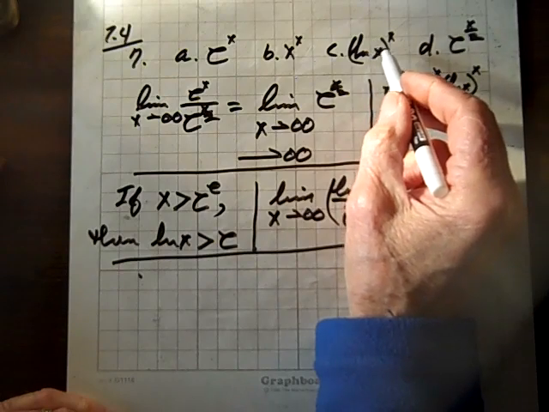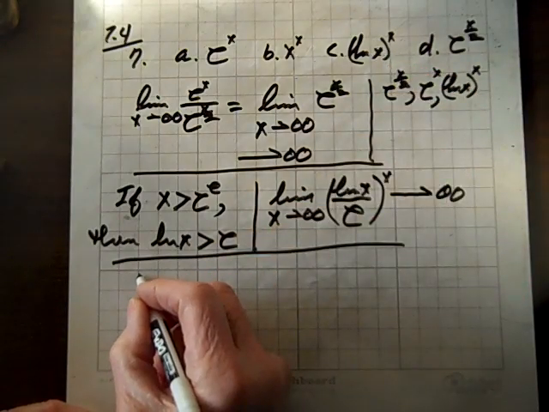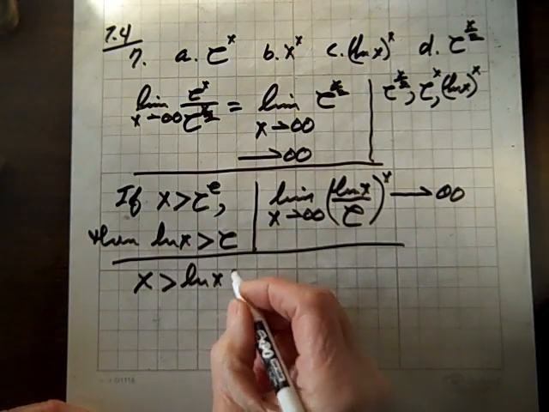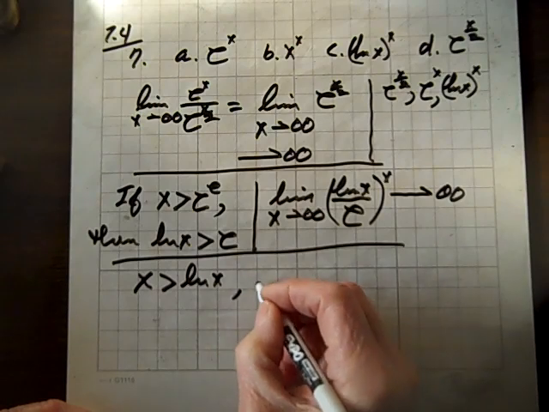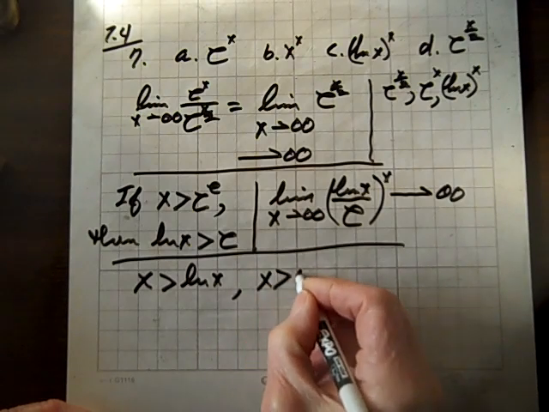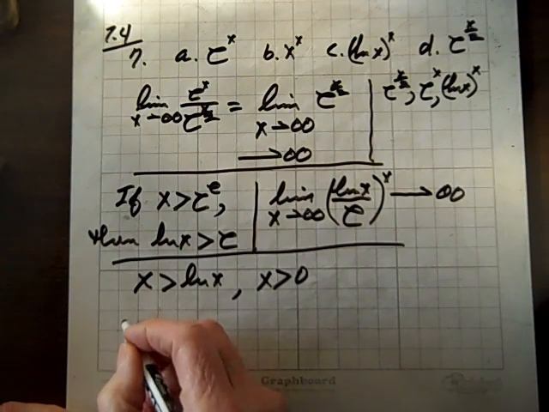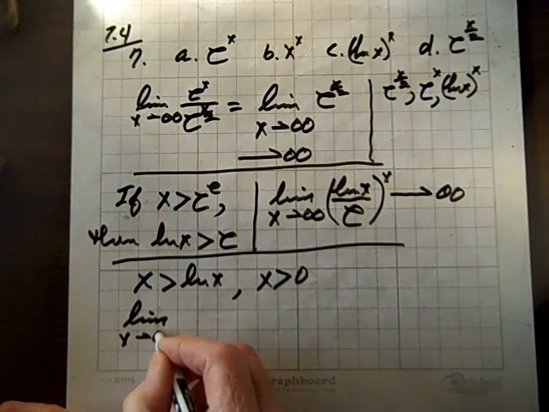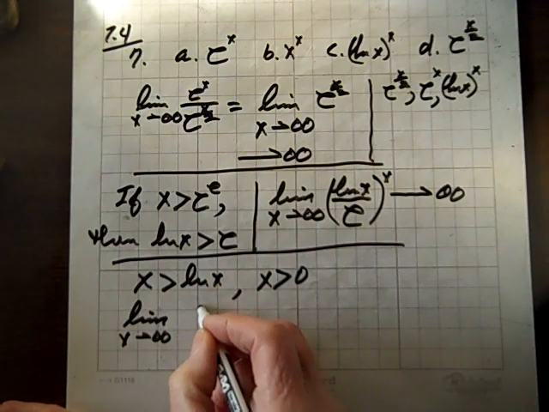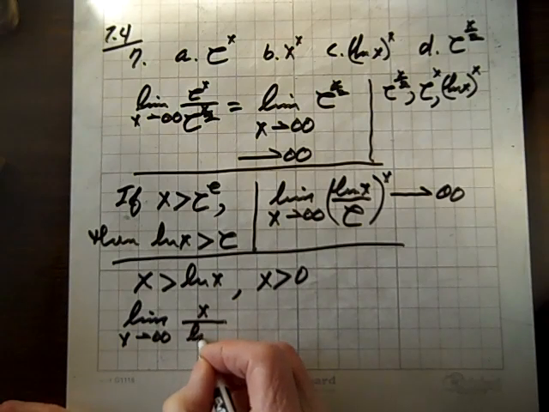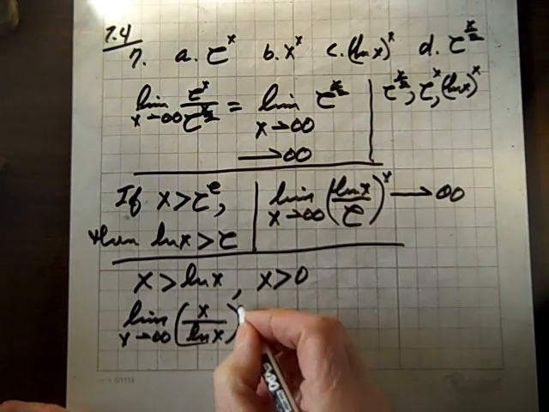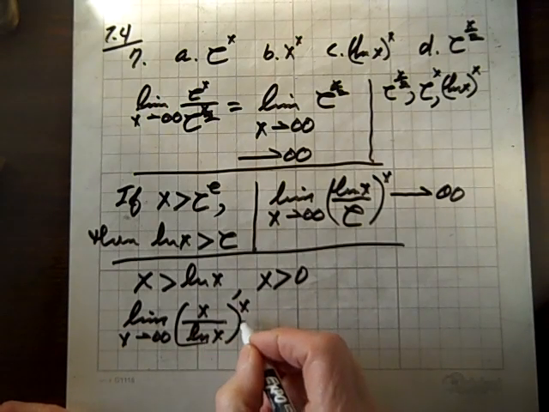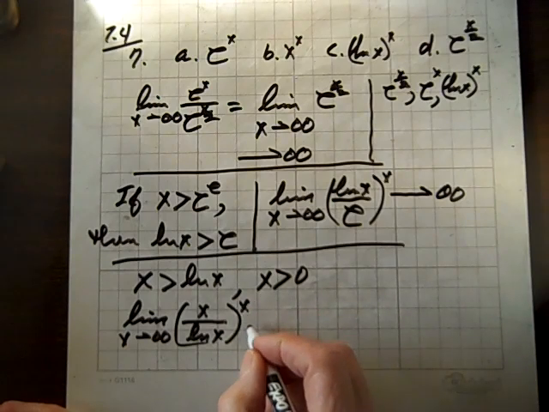x to the x power and ln of x to the x power. We know this. x is greater than ln of x as long as x is greater than 0. So that means that the limit as x goes to infinity of x over ln of x, both raised to the x power, is greater than 1 as long as x is greater than 0.